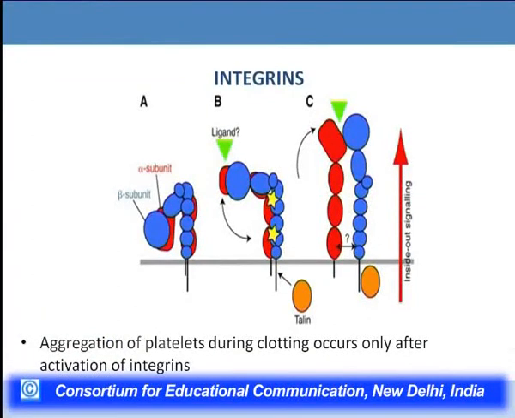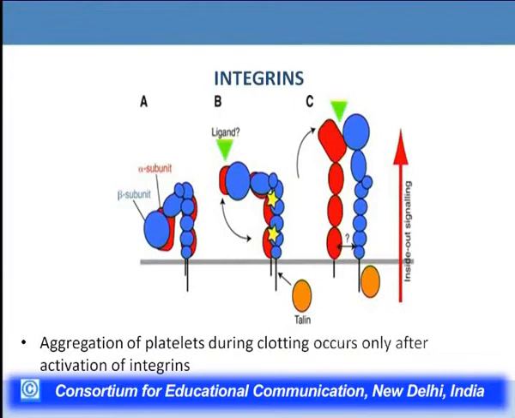The leftmost panel, that is figure A, shows an integrin molecule in an inactive conformation. But when talin protein binds to it, and this protein binds if there is a specific signal inside the cell, then the two tails separate and this molecule stands upright and binds to a green colored ligand.